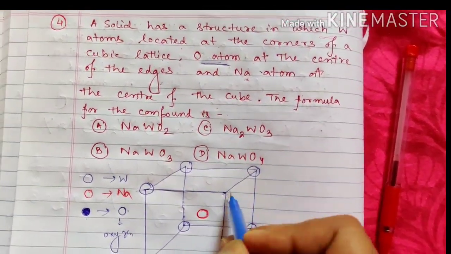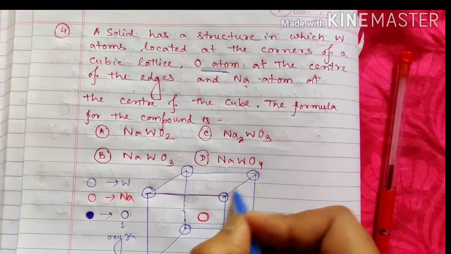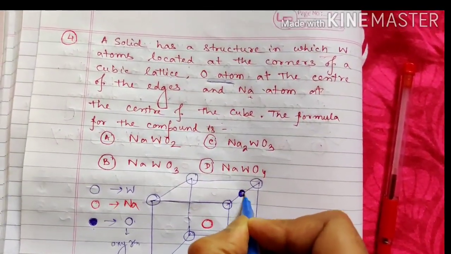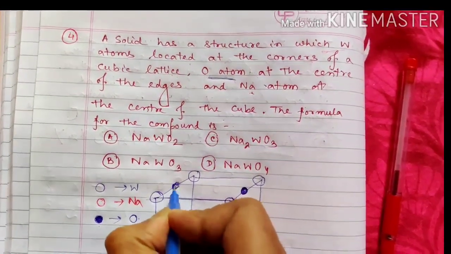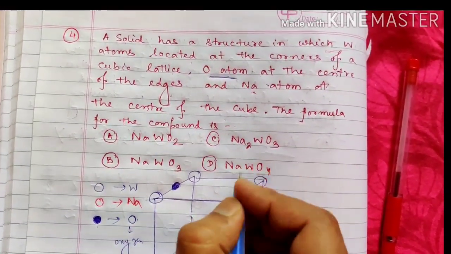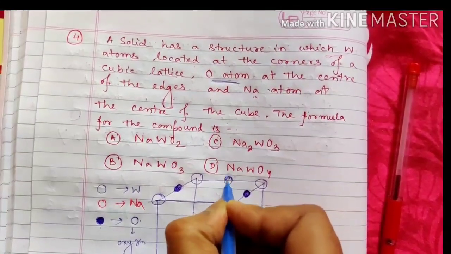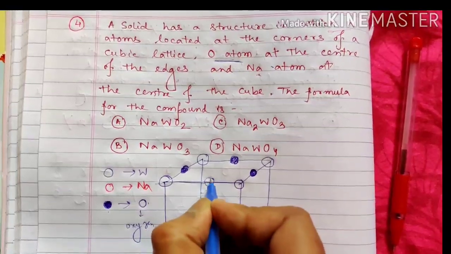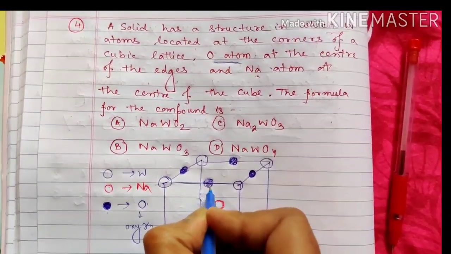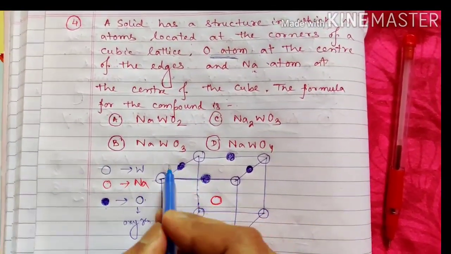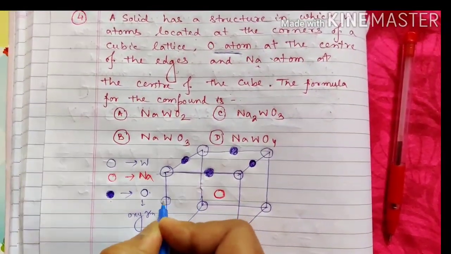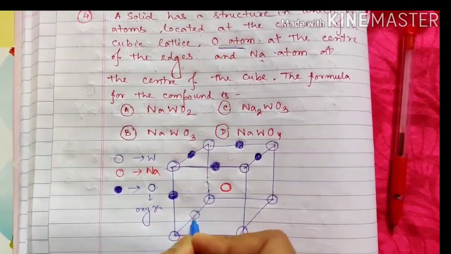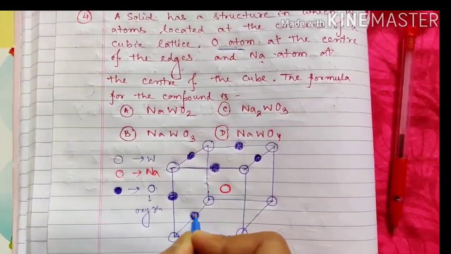Now see, this is the edge. One atom will be here. This is the edge. The center of the edge means this one. Here one atom. Here another one. Here also. I hope you are getting me. So center of the edges. Here also. All the edges should have one center.